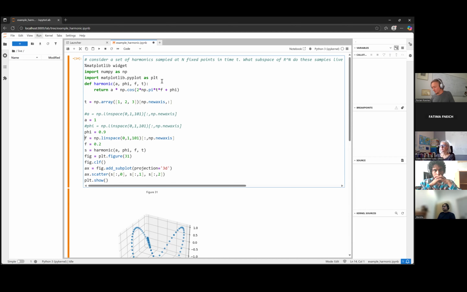Let's take a fixed frequency, a fixed phase, and let's just vary the amplitude. So now we're looking at this harmonic signal, where frequency, phase, and the time points are fixed and the amplitude is varied. Does someone want to make a prediction what the subspace will look like that these points live in for all possible values of A?